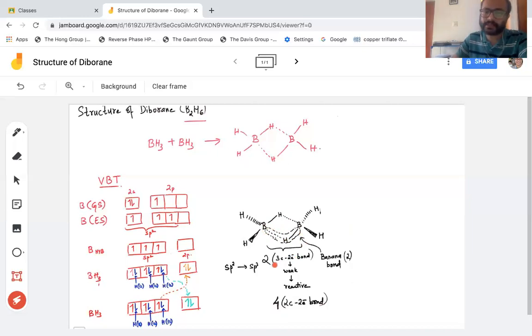Now, if you ask me the strength of a 3 center 2 electron bond versus a 2 center 2 electron bond, obviously the 2 center 2 electron bond would be stronger because it is a completely filled bonding system. However, this is an electron deficient system. Two electrons are shared between three atoms. Usually two electrons form a bond between two atoms.